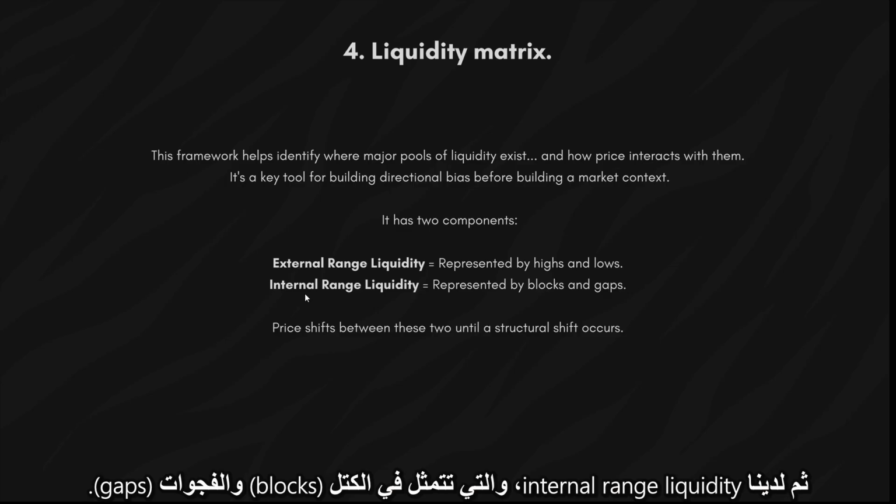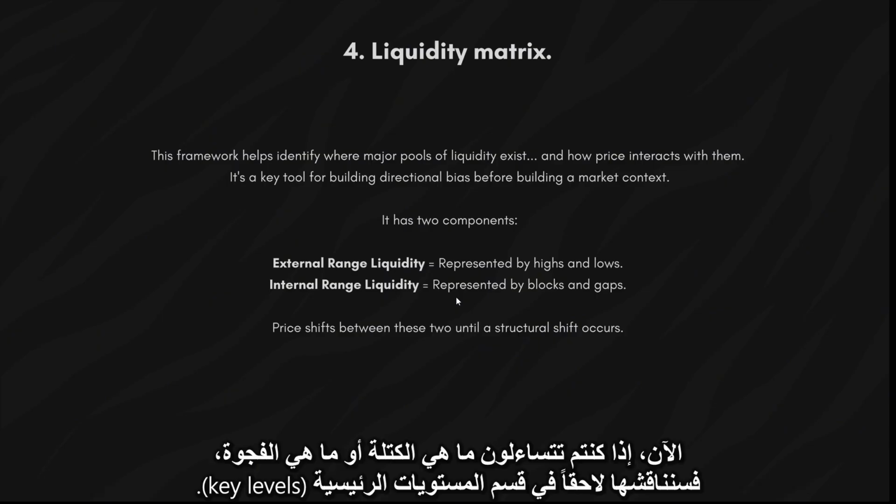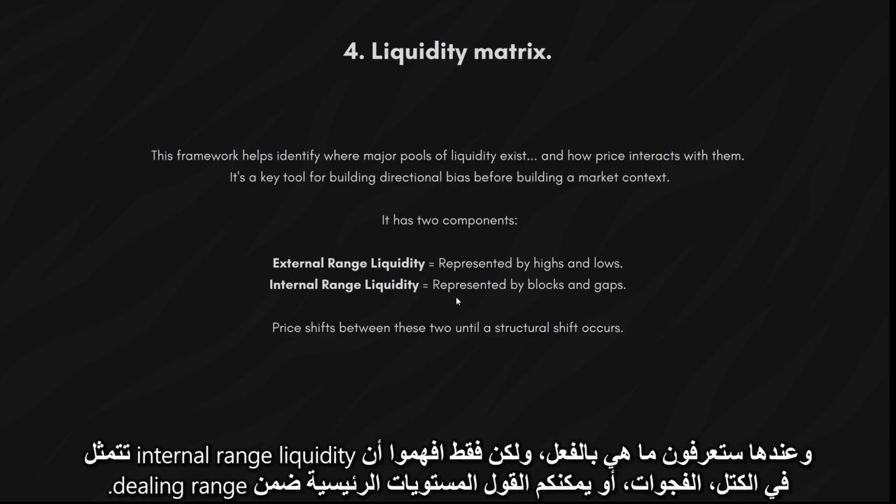And then we have internal range liquidity, which is represented by blocks and gaps. If you're wondering what a block or a gap is, we will discuss them later in the key level section, and then you'll know what they actually are. But just understand that internal range liquidity is represented by blocks, gaps, or you could say key levels, within a dealing range.